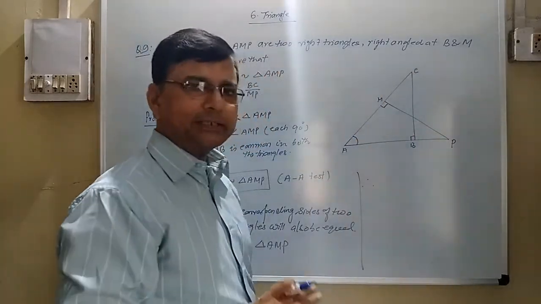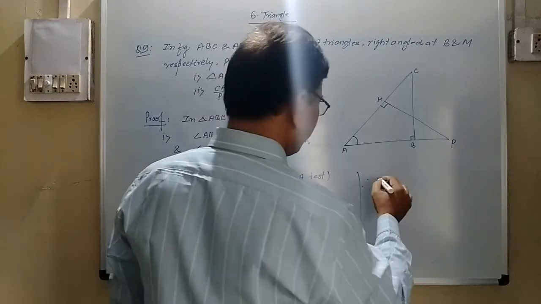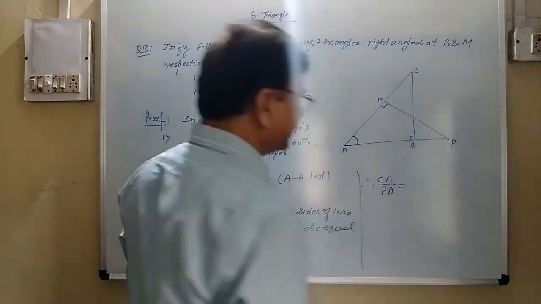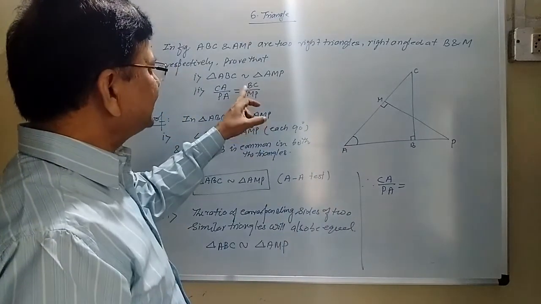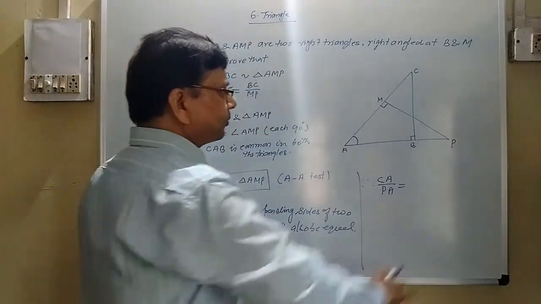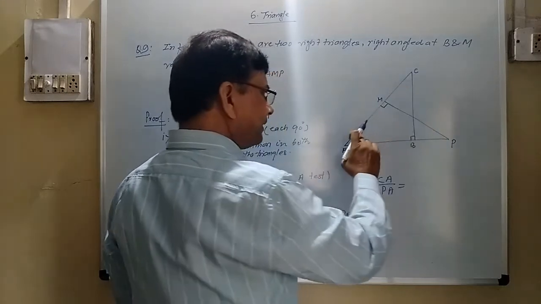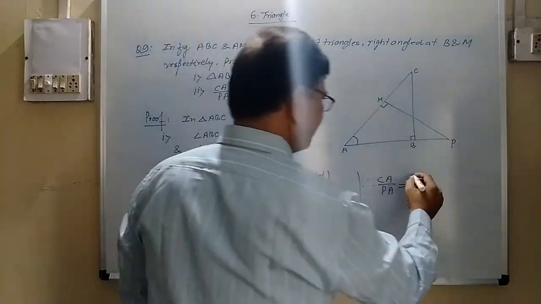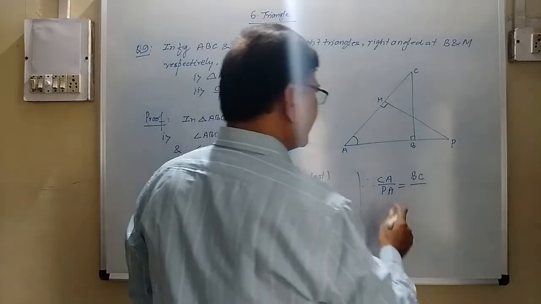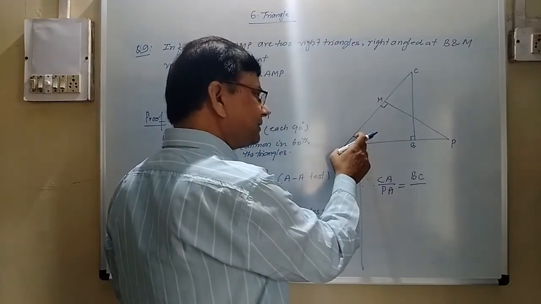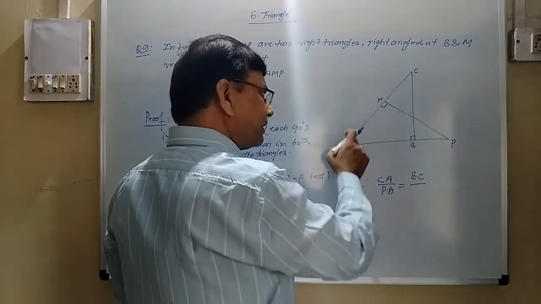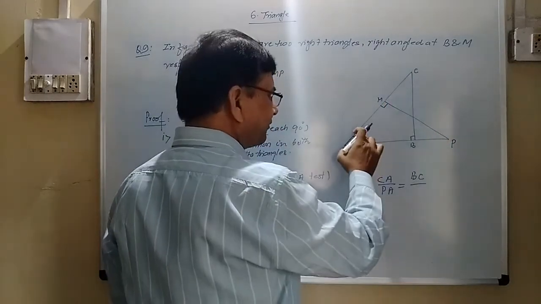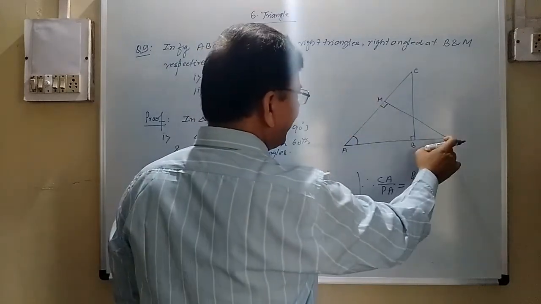So we can write CA upon PA is equal to BC upon MP. BC is the side in front of this angle in triangle ABC, and in front of this angle in triangle AMP the side is MP.